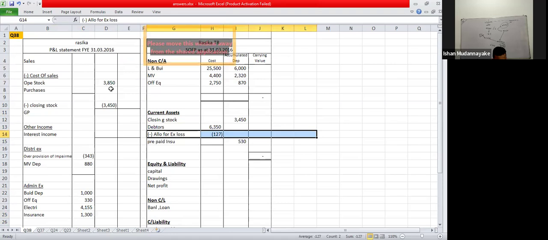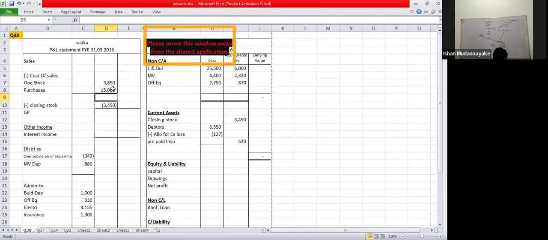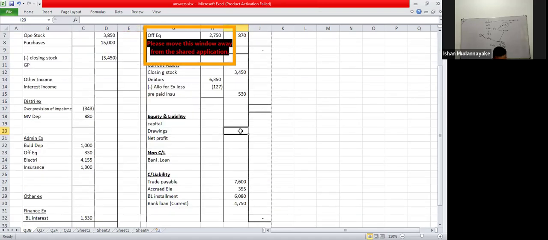Purchases 15,000. And then my sales 35,500. Drawings 1,200, capital minus drawings. Salaries and wages 6,500.